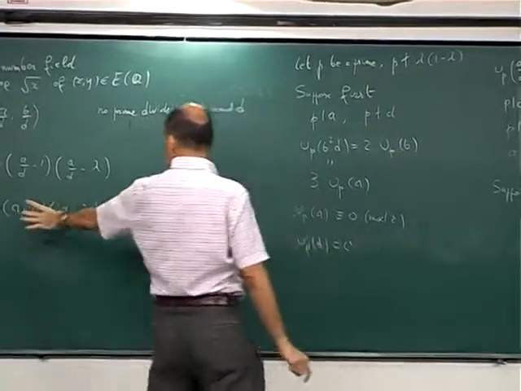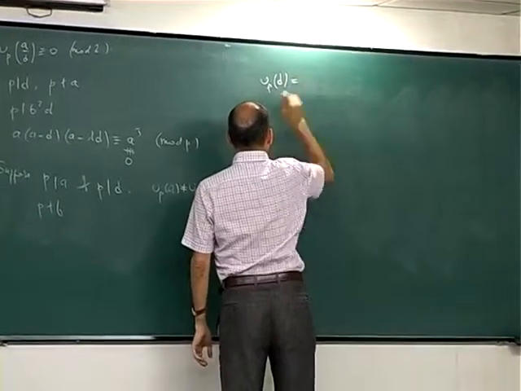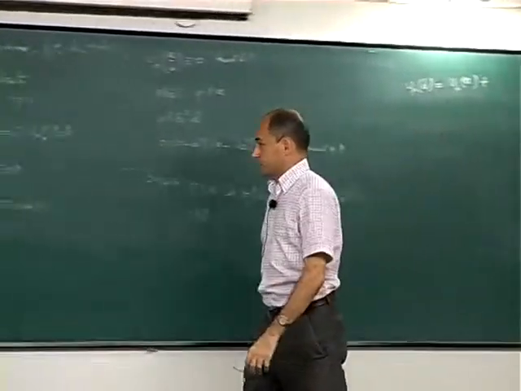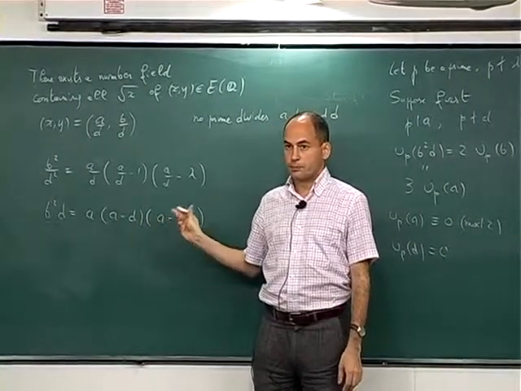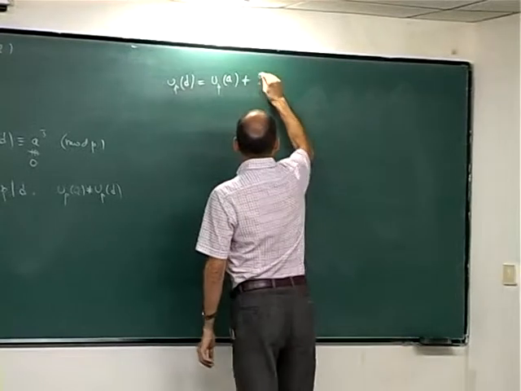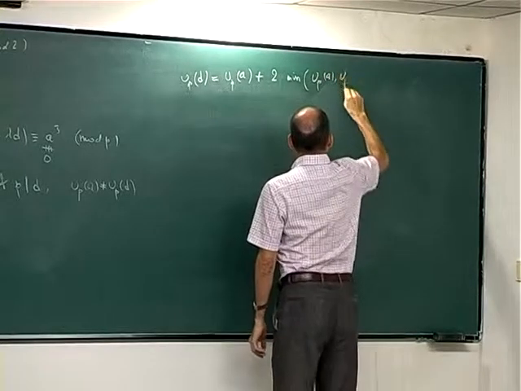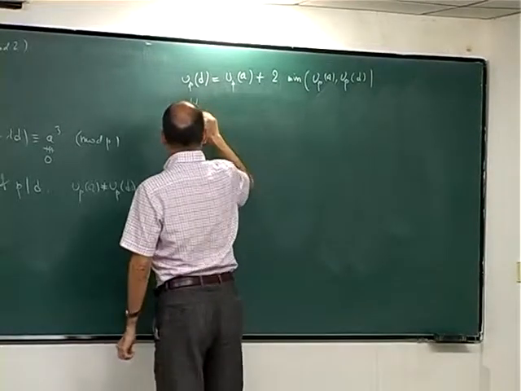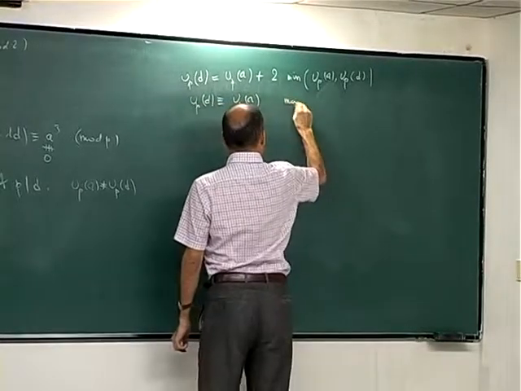So here we have nu P of D, which is equal to nu P of A plus, and each of these terms is divisible by P to the minimal power, so twice the minimum of nu P of A, nu P of D. And this is an even number, so nu P of D is congruent to nu P of A modulo 2.